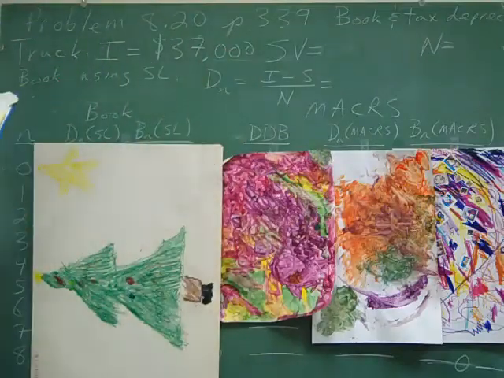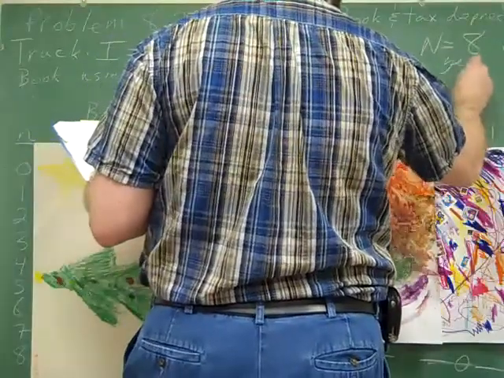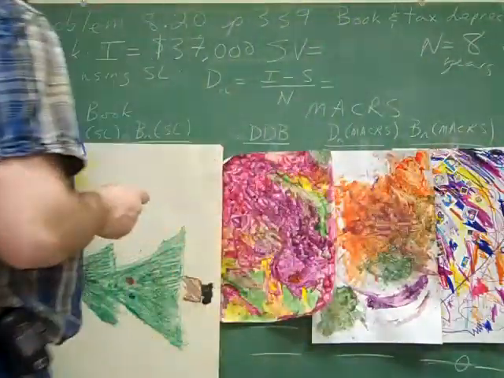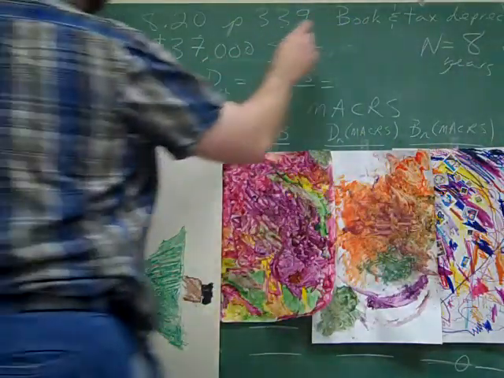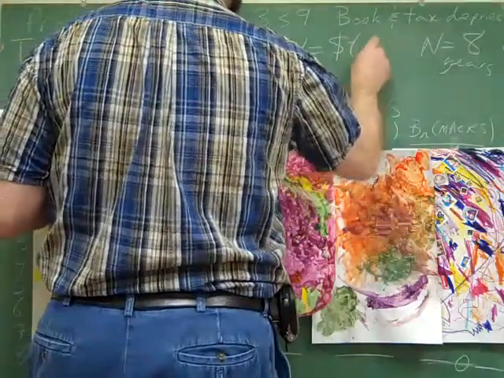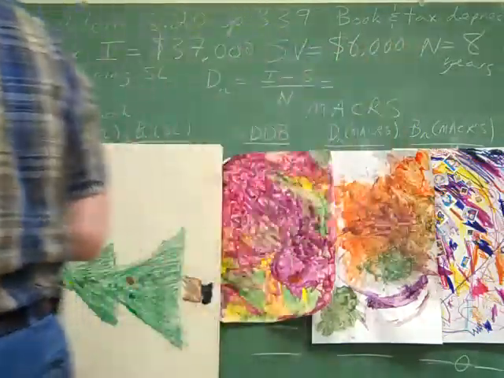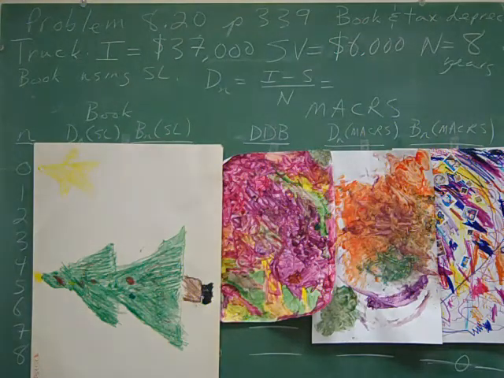$37,000. Now the truck has a useful life of 8 years and has an estimated salvage value of $6,000. Now the straight line method is going to be used for book depreciation purposes.